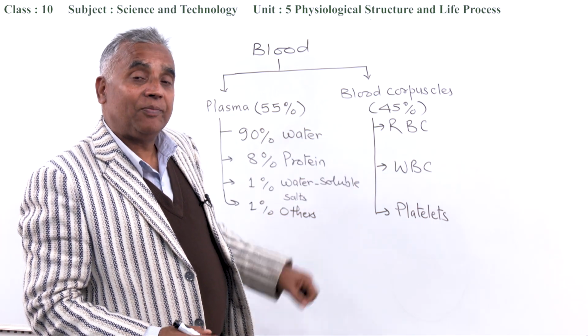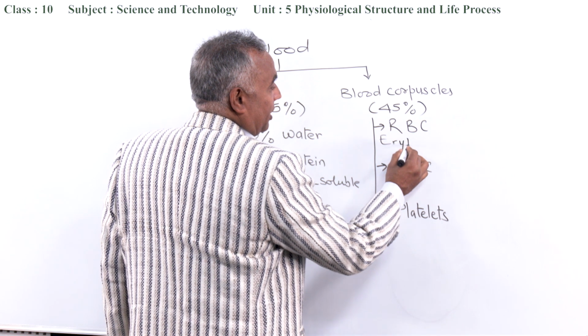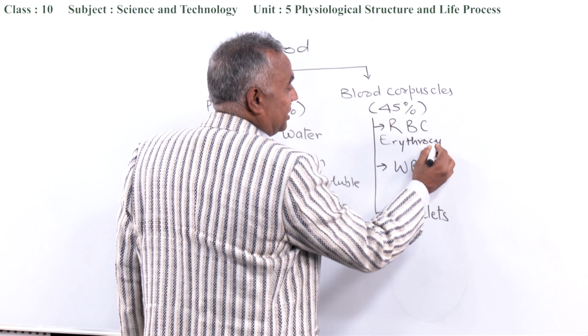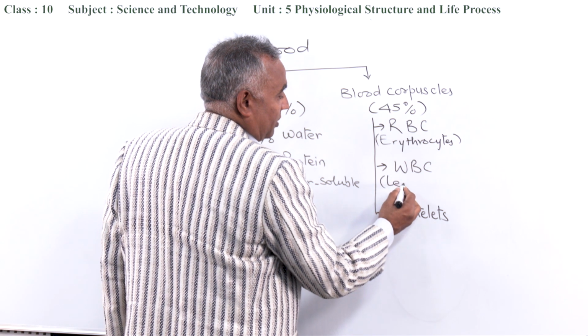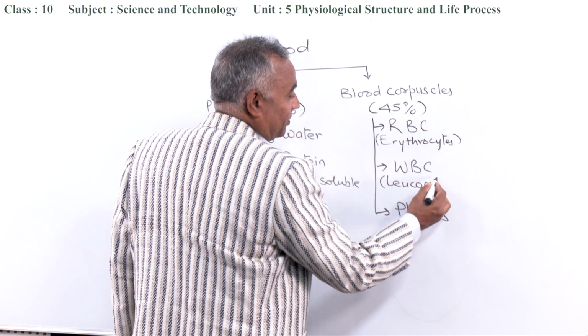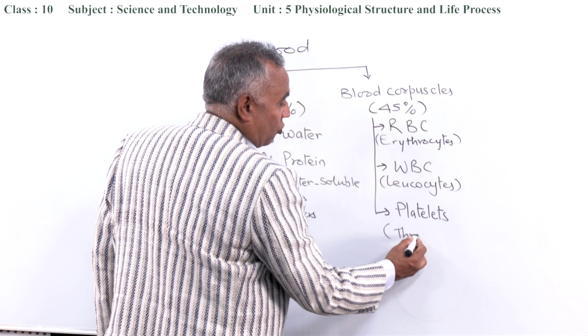RBCs are known as erythrocytes. You can say erythrocytes. And WBC is known as what? Leukocytes. And platelets are called thrombocytes.